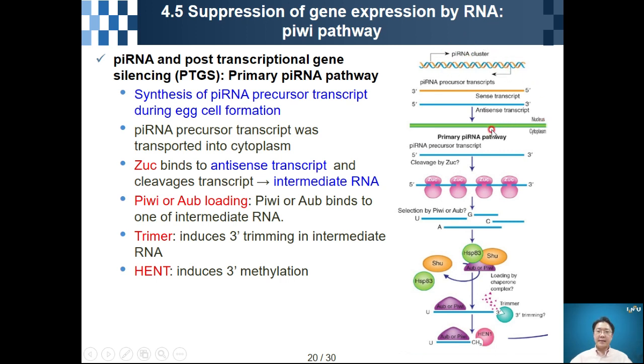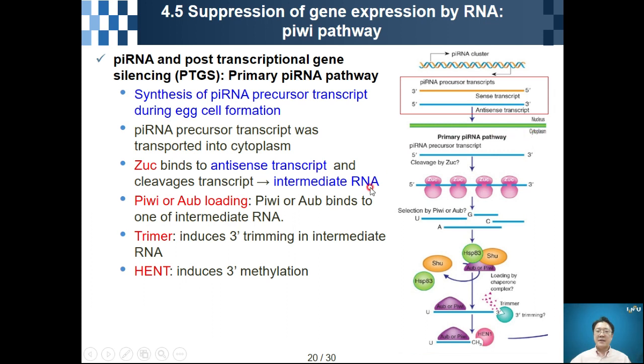Inside the nucleus, the piRNA precursor transcript is synthesized during egg cell formation, not sperm cell formation. It is composed of sense transcript and antisense transcript. After the piRNA precursor transcript has been synthesized, it is transported to the cytoplasm.